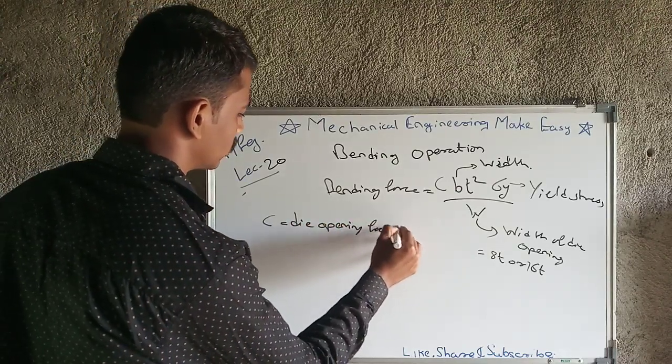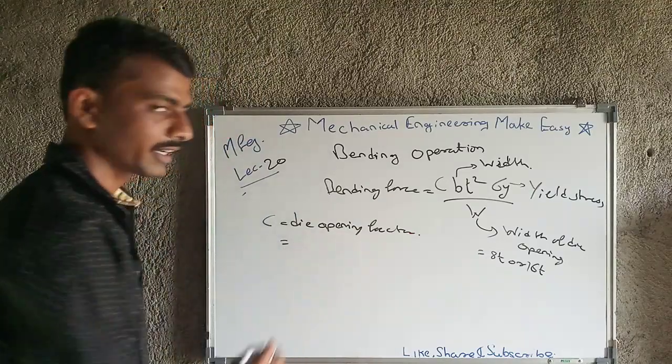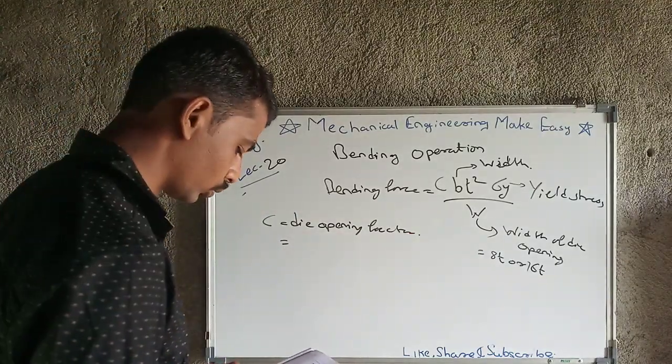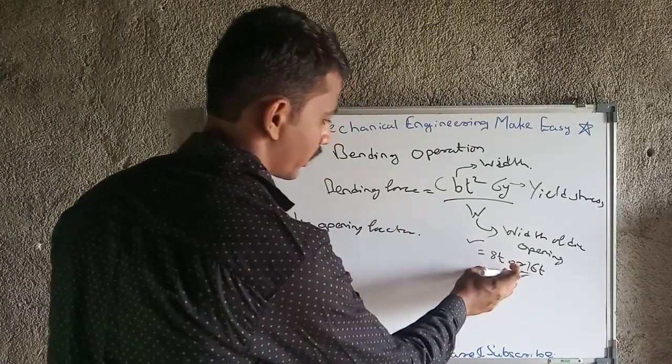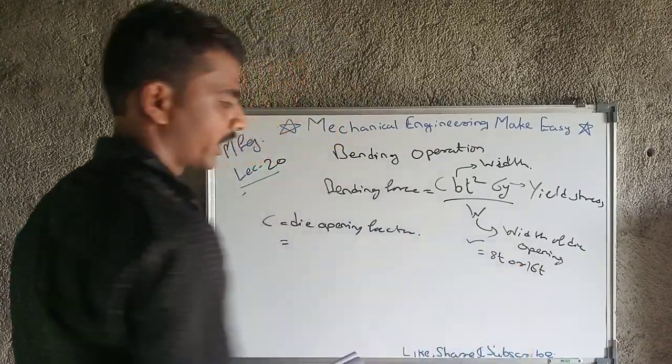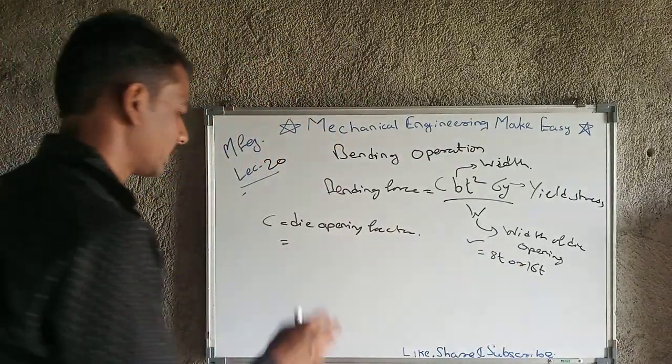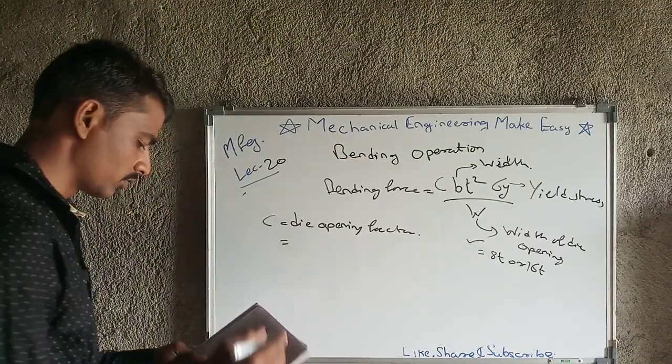The die opening factor value will vary according to W. If we take W as 8 times T or W as 16 times T, the C value will vary accordingly.